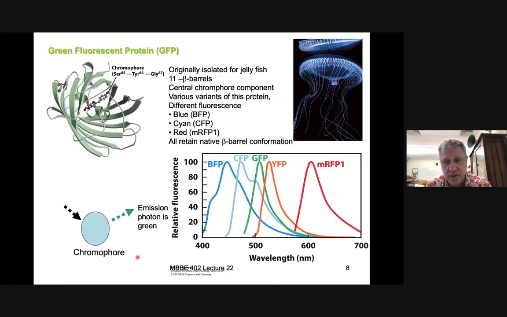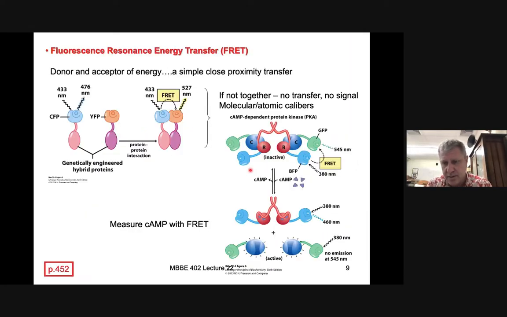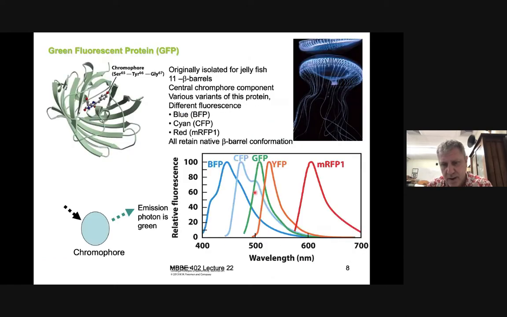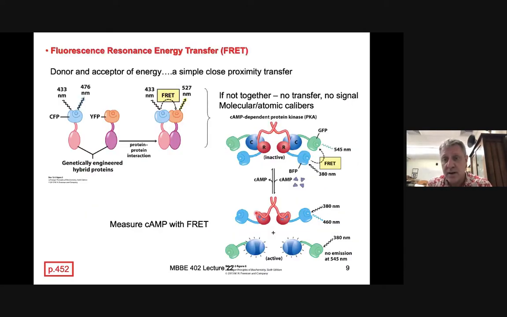I want to show you this. So we have the BFP and GFP. And again, here we have the BFP fluorescent emission spectra, and then also the GFP, and there's an overlap. So therefore, we can get this resonant transfer occurring in this particular system.